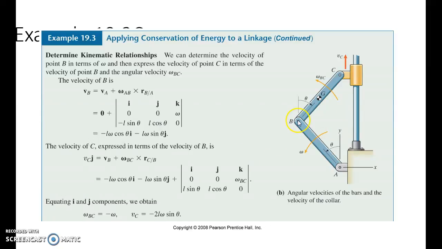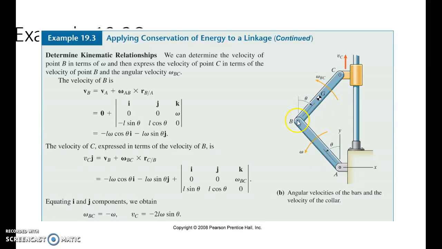So anyway, now I can relate the velocity at C to the velocity at B, which we just found, utilizing that constraint that we know it has to be in the J direction. So I'm going to have something like this. VC J is equal to velocity at B plus omega cross r, but the omega now is omega for bar BC.